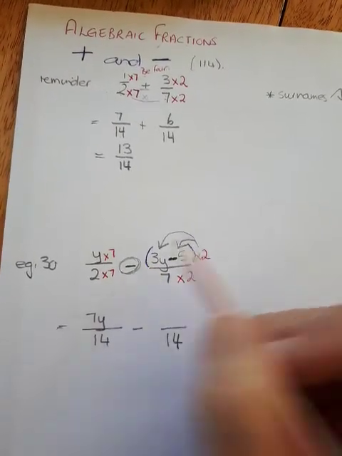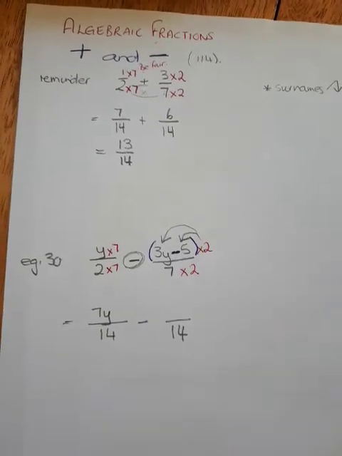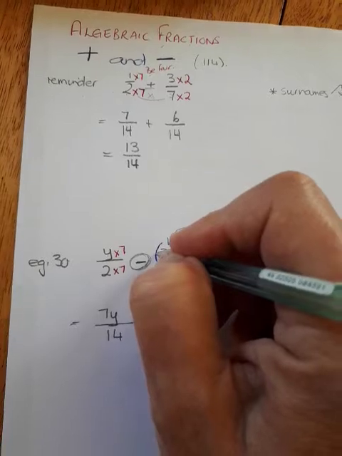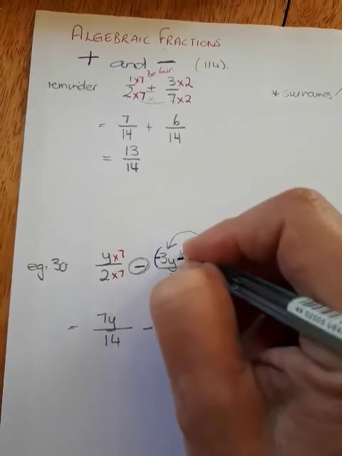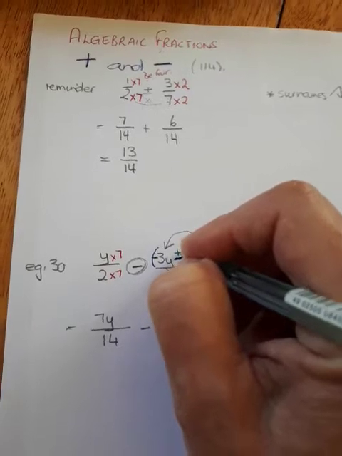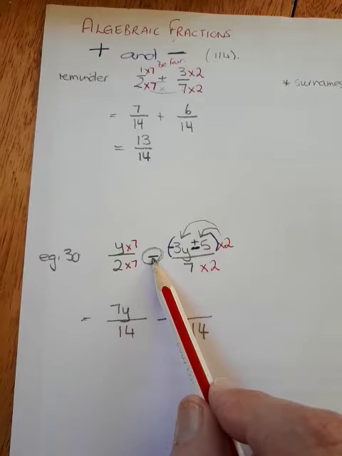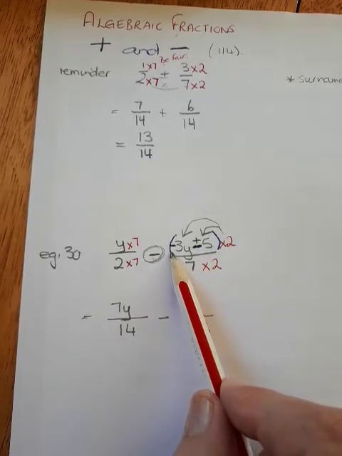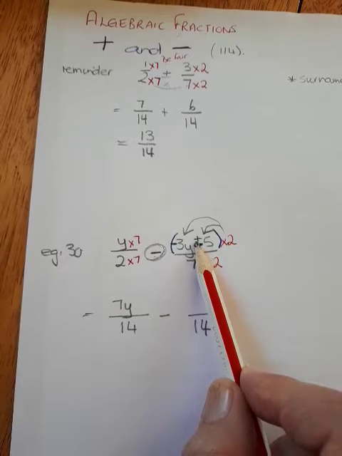So a minus in front of the bracket changes the signs inside the bracket. So you can make that a minus, and this minus becomes a plus. All right, really important, okay? I repeat, because there's a minus in front of the bracket, the signs inside the bracket change to the opposite.